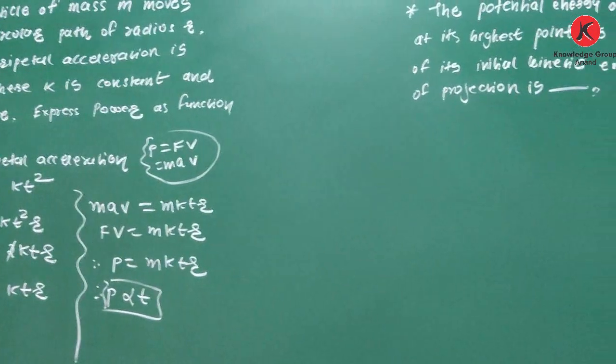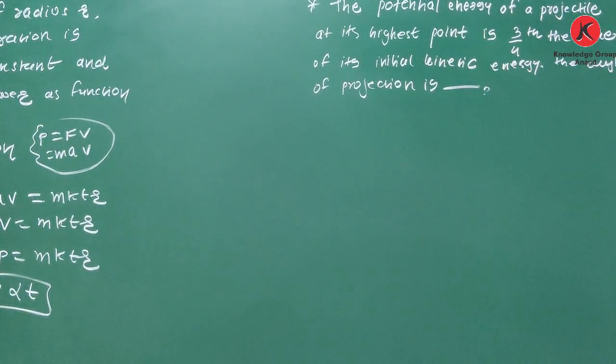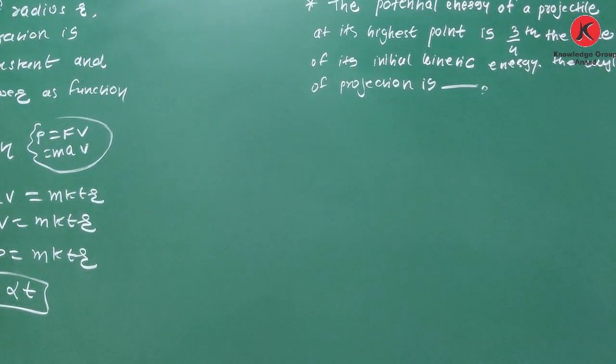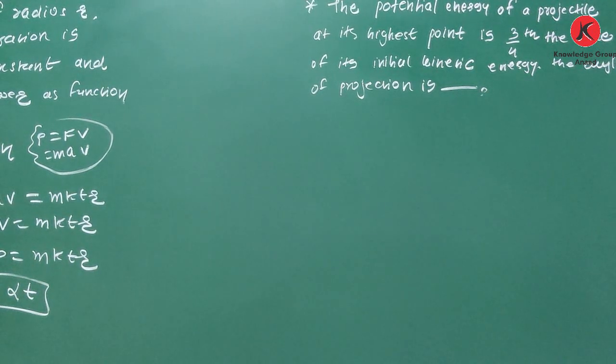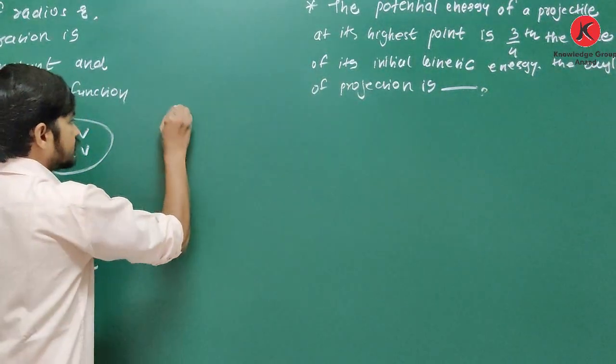Okay, now what is the next question? See, here it is, the next question. The potential energy of a particle at its highest point is 3 by 4th of the value of its initial kinetic energy. Then the angle of projection is. See, here it is a figure.